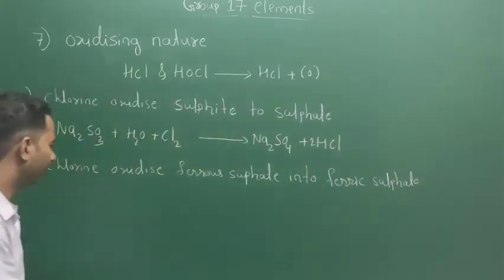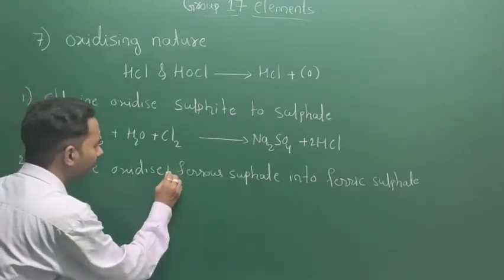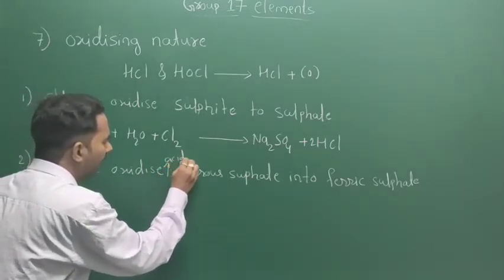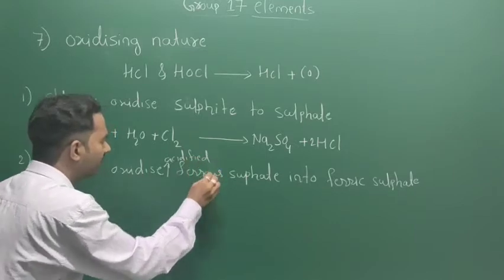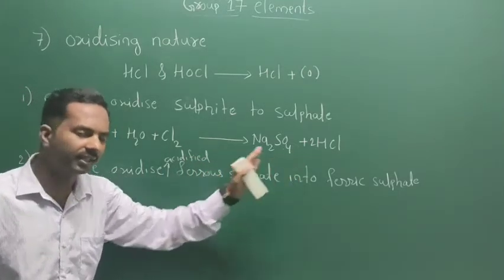Ferric sulfate. So here chlorine oxidizes acidified ferrous sulfate into ferric sulfate.